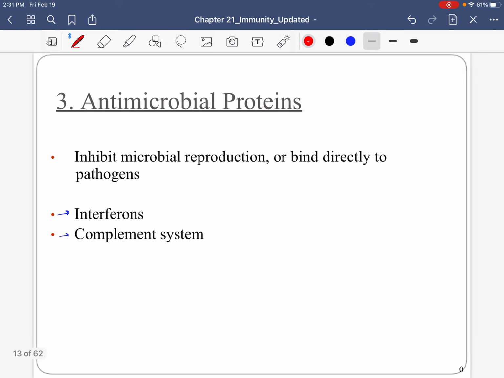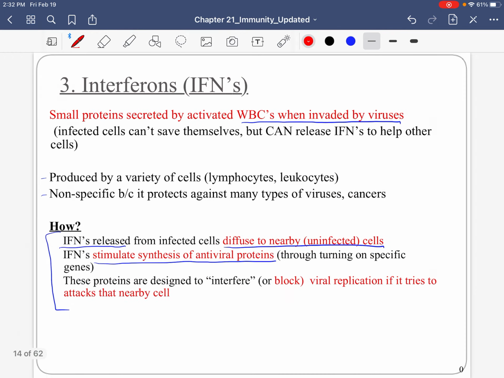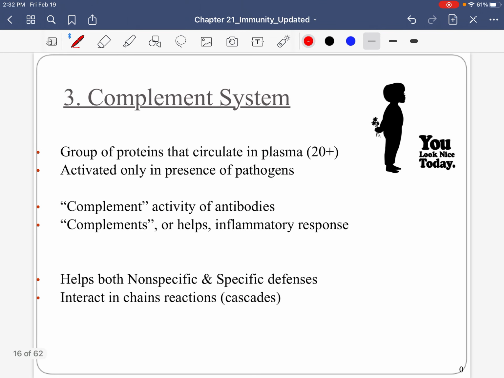All right, so this was our first example of an antimicrobial protein, the interferons. Well, another example of how our immune system has antimicrobial proteins is collectively something that we call the complement system. Get it? Complement.